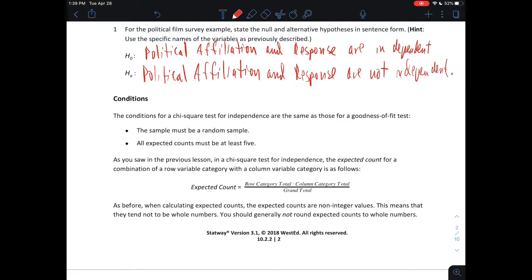Expected count is equal to row category total times column category total divided by grand total. As before, when calculating expected counts, the expected counts are non-integer values. This means that they tend not to be whole numbers. You should generally not round expected counts to whole numbers. So we just want to keep that in mind. Do not round expected counts.